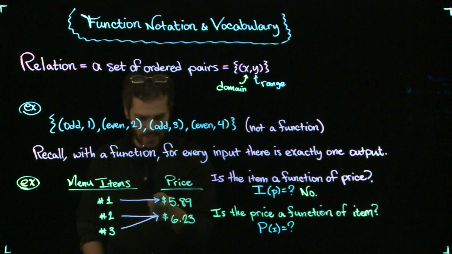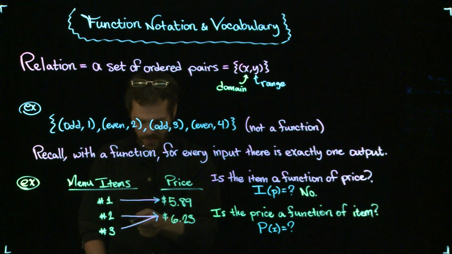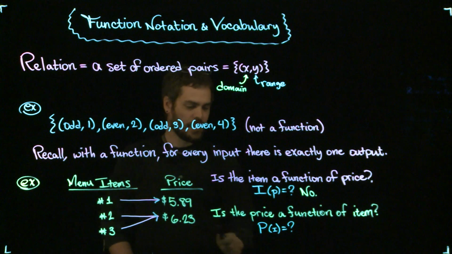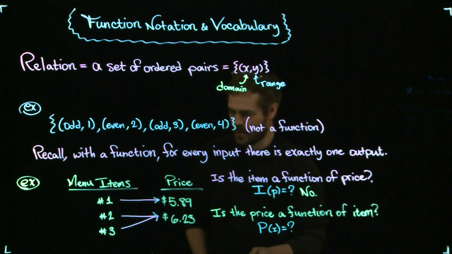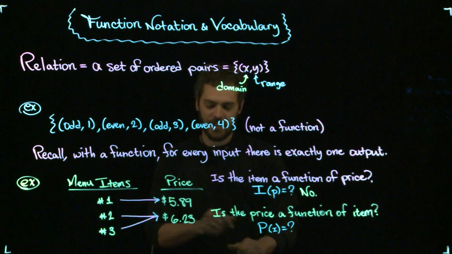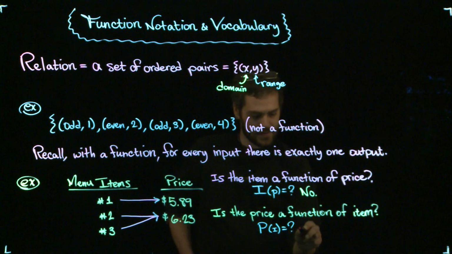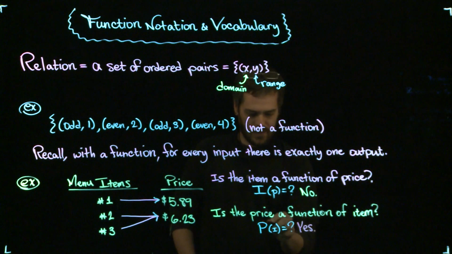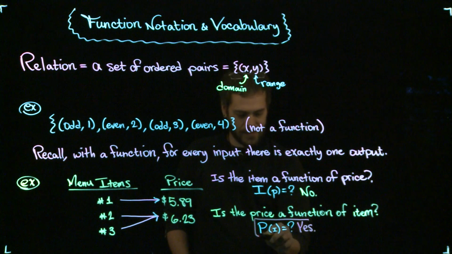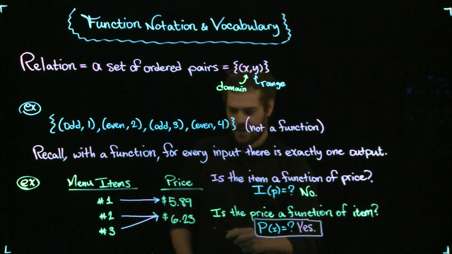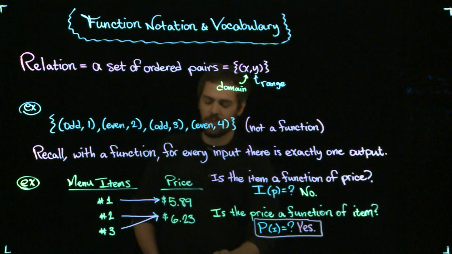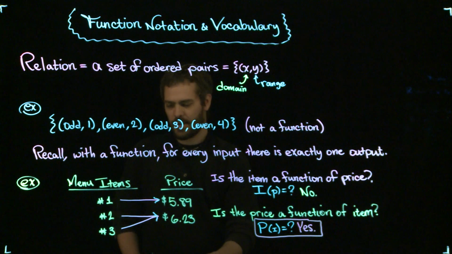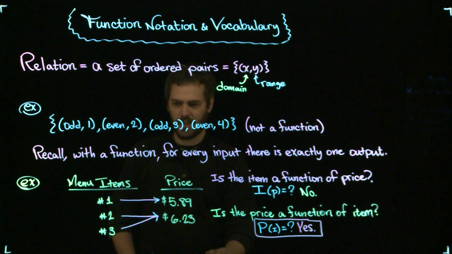I put in this, I get out that. I put this guy in, I get out that. I put this in, and I get out that. Yes, this does fit the definition. For every input, I get exactly one output. So this one is yes. If I ask the question this way, the price is a function of the item. That is, if I give you the item, you can definitely give me a single price without ambiguity.